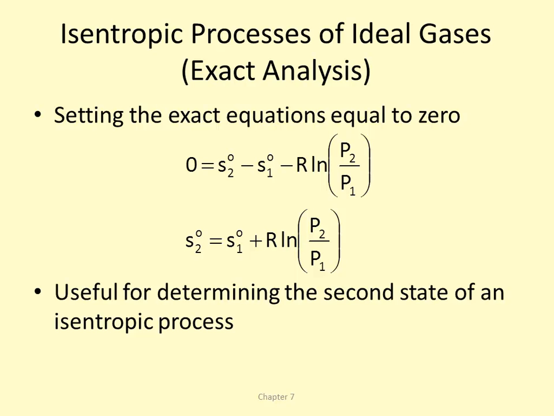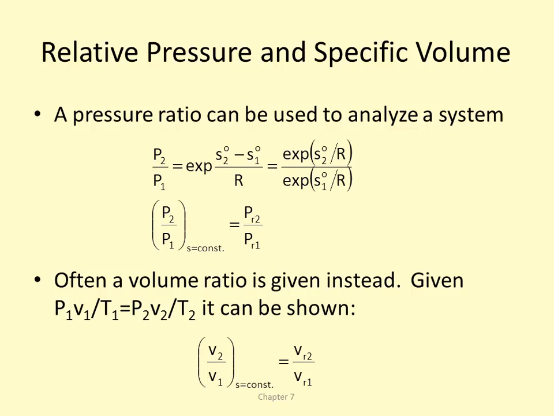So it's the exact analysis. Relative pressure is also another way to do it. We have an additional column in our ideal gas tables that gives us relative pressure. So if we know the pressure ratio, and we know it's for an isentropic process, it's equal to the ratio of these relative pressures.